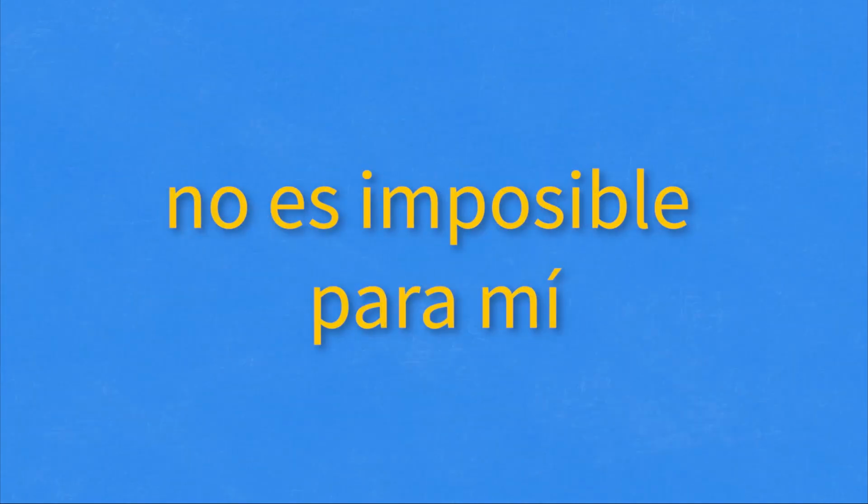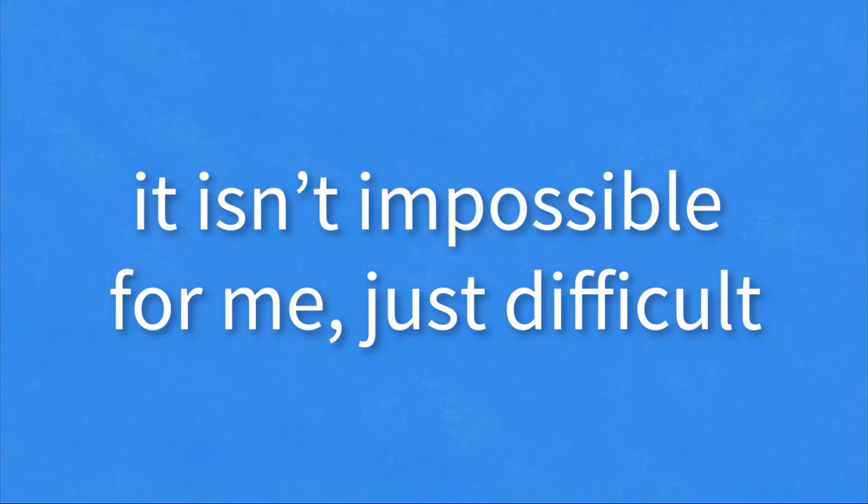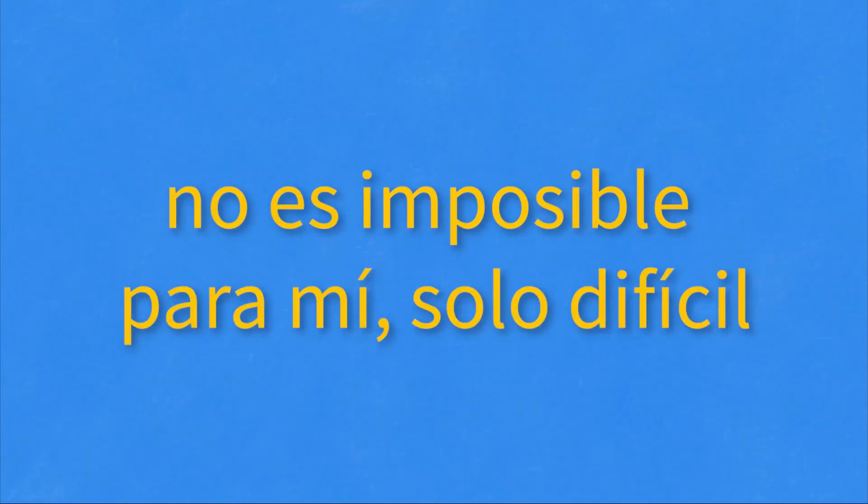Es imposible para mí. What about it isn't impossible for me? No es imposible para mí. It isn't impossible for me, just difficult. No es imposible para mí, solo difícil.